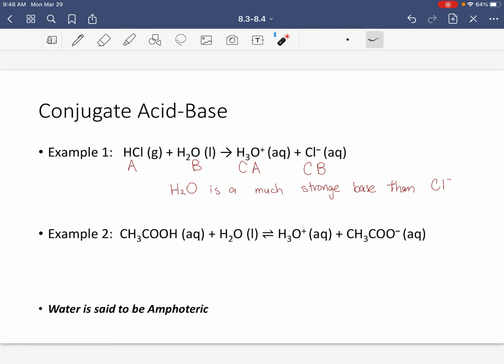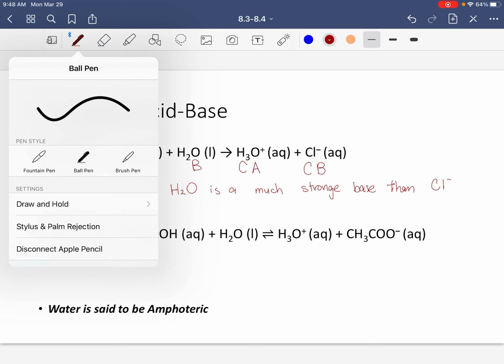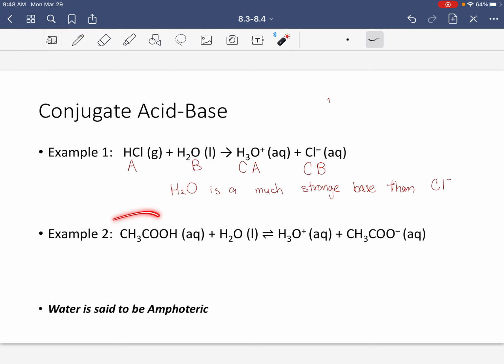But what about example 2? The difference here in example 2 is that you're looking at a weak acid. This is acetic acid. This is your vinegar again. We saw it has a dissociation less than 100 percent. Well, let's give them a title, should we? This guy is an acid because he's going to donate this H. Water is a base because water is going to accept an H. Now this guy is a conjugate acid, this guy's a conjugate base, and it makes perfect sense that they are, and they should have that title, unlike these guys having a fake title.